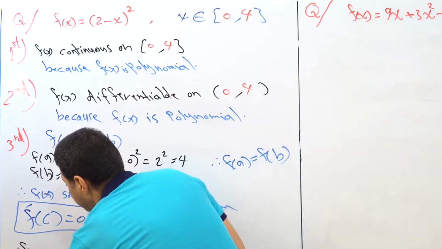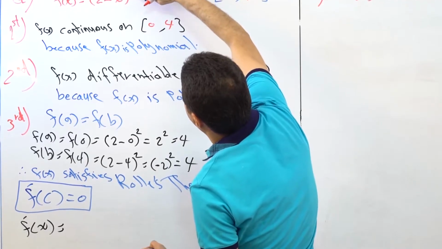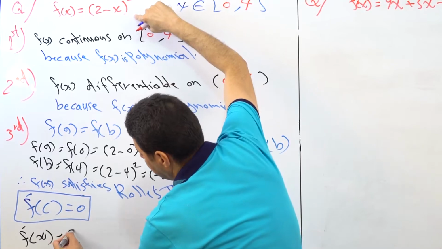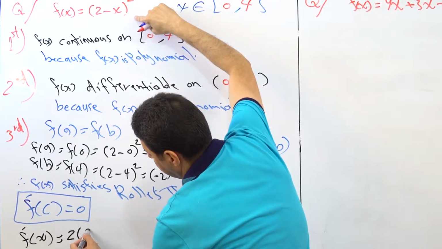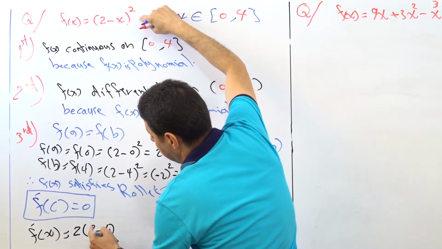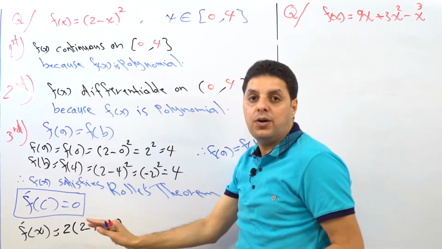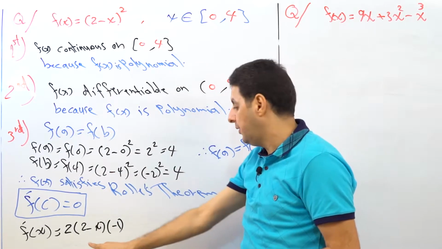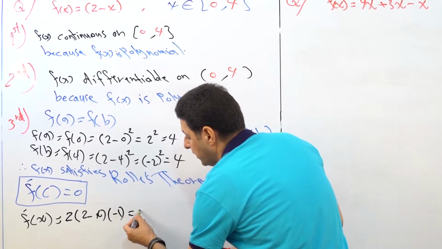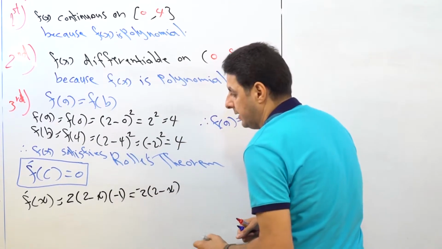Look at f prime of x. The function is (2 minus x) squared. Its derivative is 2 times (2 minus x) times the derivative of the inside, negative 1. That is the derivative of f of x, which equals negative 2 times (2 minus x).